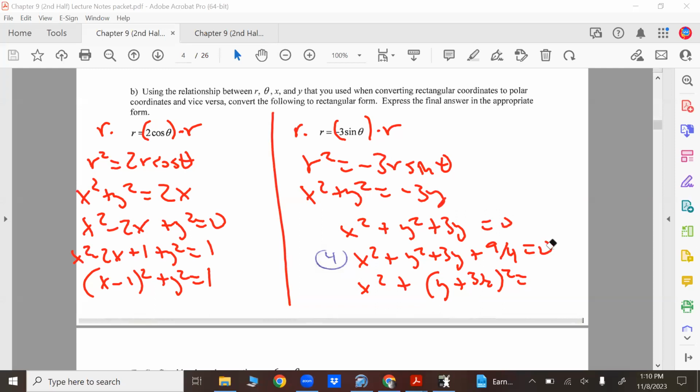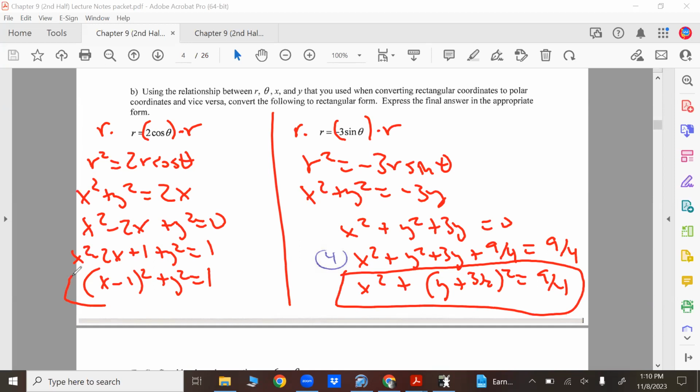Oh, come on. Oscar, I have x squared plus y squared over 2x equals 1. I got x minus 1 squared. Why'd you divide it?